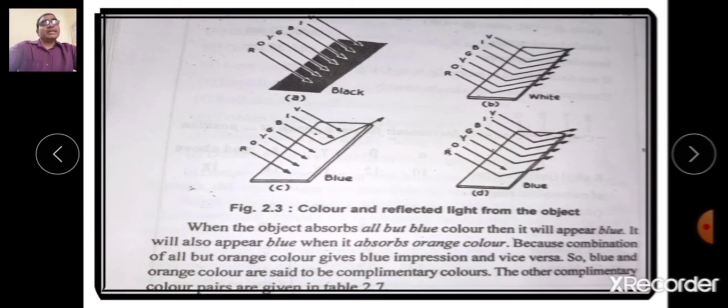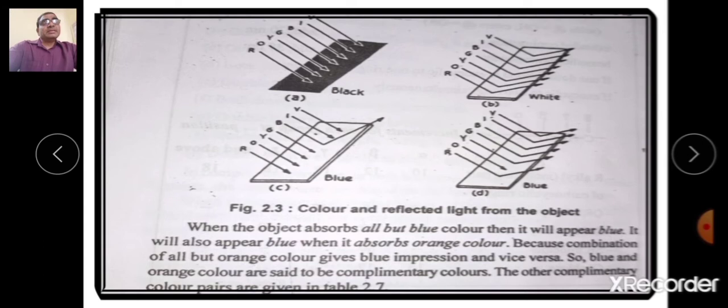When all light is absorbed by the substance, there is no reflection of the light, and therefore this compound appears black. In the second case, B, all the light which falls on the substance is reflected to our eye, and therefore the substance appears white. Now in case C, when the white light falls on the substance, except blue, the remaining light is absorbed and blue light is reflected to our eye, and therefore the substance appears blue.